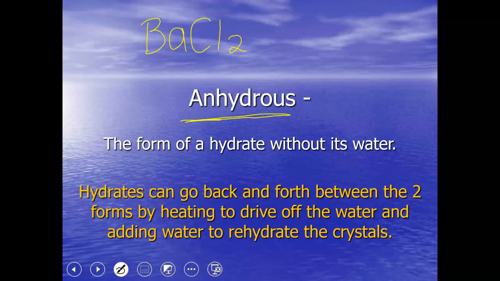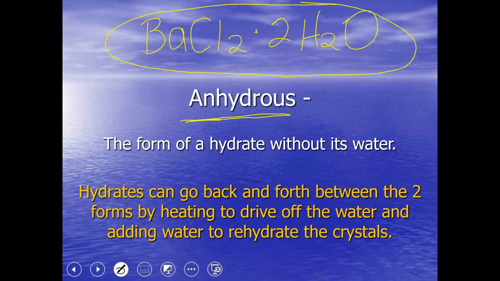So they can often go back and forth. And we're going to use that to our advantage, because in our lab, let's say we start with a compound that is hydrated like this. Remember, the whole thing is called the hydrate. So we can weigh, for example, the hydrate that we start with in a lab, and we can say, okay, we've got 10 grams of hydrate.